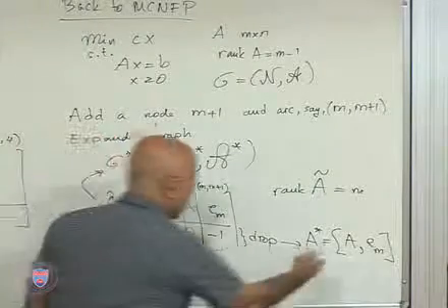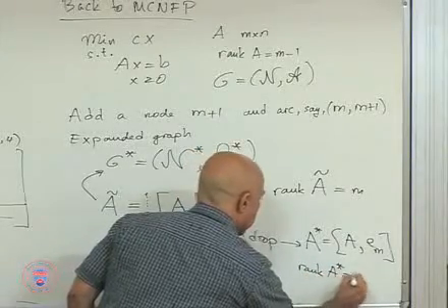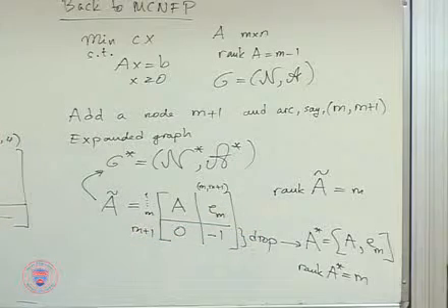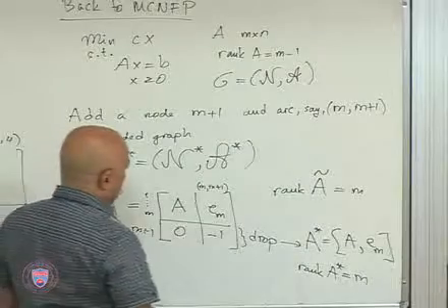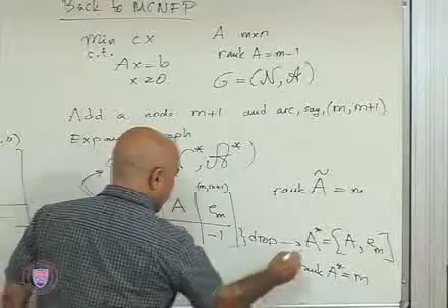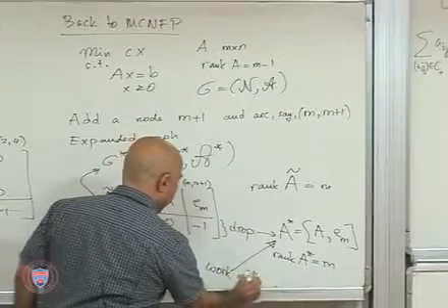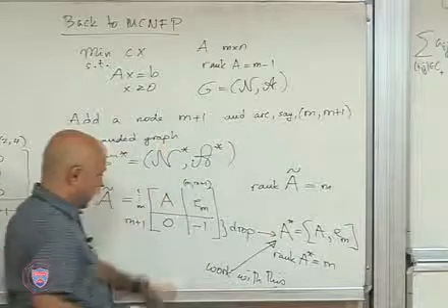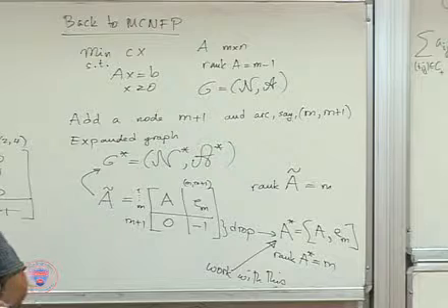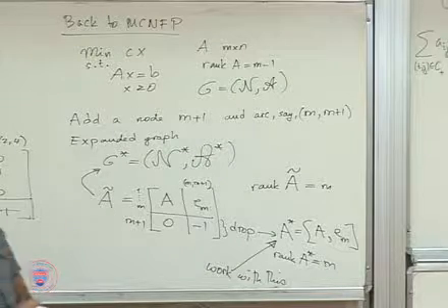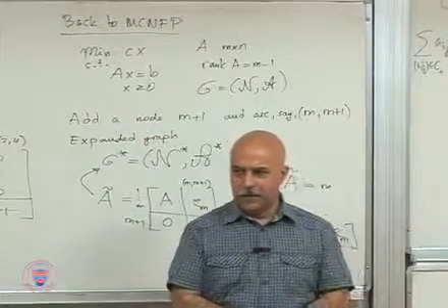The rank of this is still m, because you deleted a redundant row. We work with this, but I think it's time to take a short recess, maybe 10 minutes at most, and then we return to our arguments here.